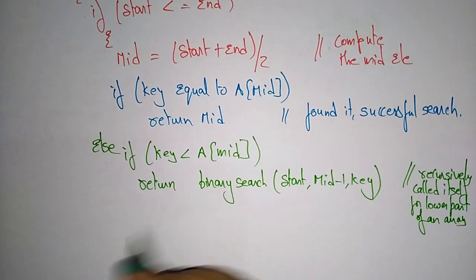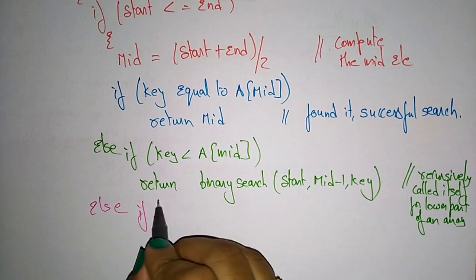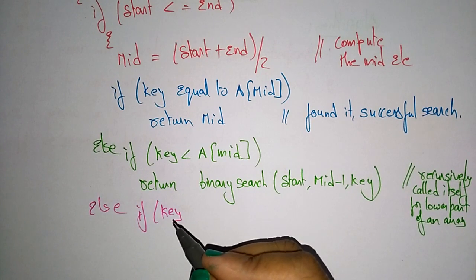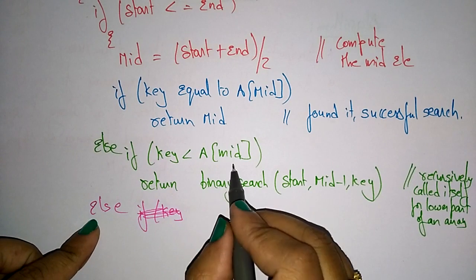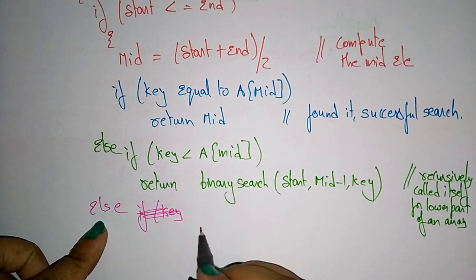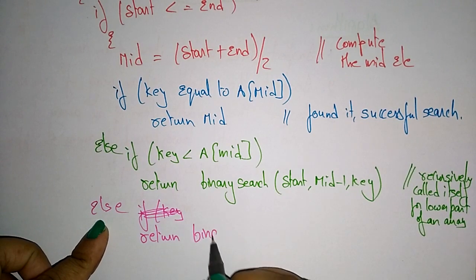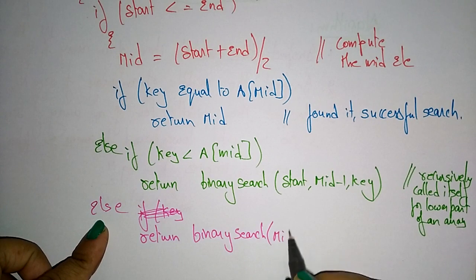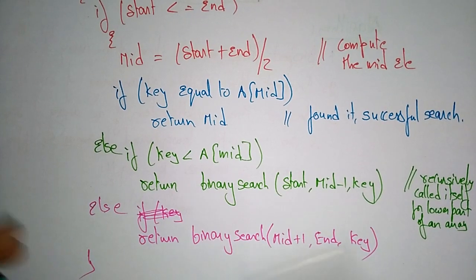So next, else, if the key is not less than A of mid, you have to return the binary search for the right side: A, mid plus 1, end, and key, and close the binary search.